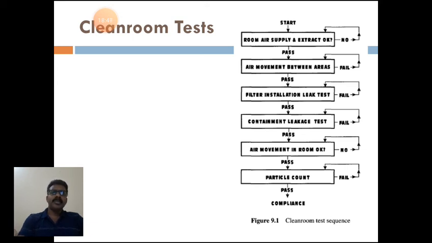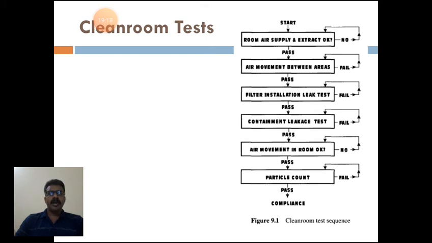The most important test used to ensure a clean room is working correctly is a count of the airborne particles. An instrument known as a particle counter is used to count and size particles in the air of a clean room. This is often called a single particle counter to distinguish it from a photometer used to test filter installation leakage.